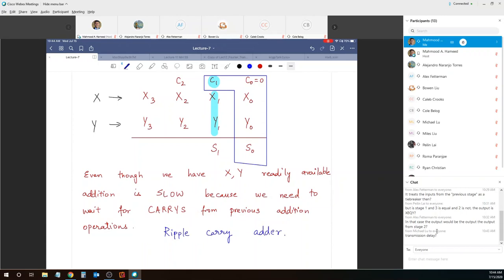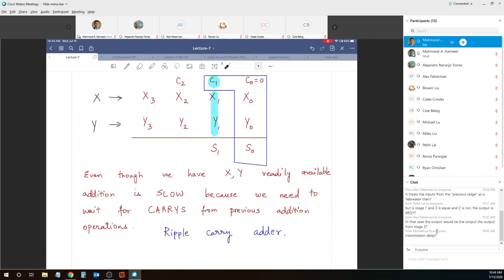Why is this called Ripple-carry? Because the carry is rippling through this addition. And because of that rippling effect, it is not the inputs X and Y, not the sum, it is the carries that are the bottlenecks.